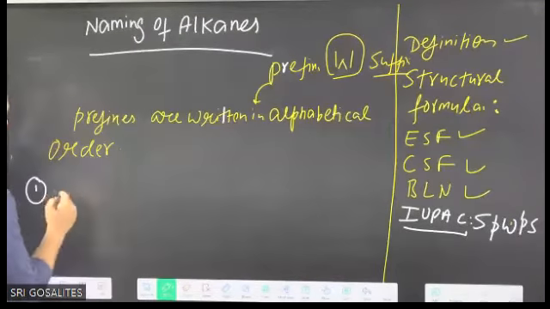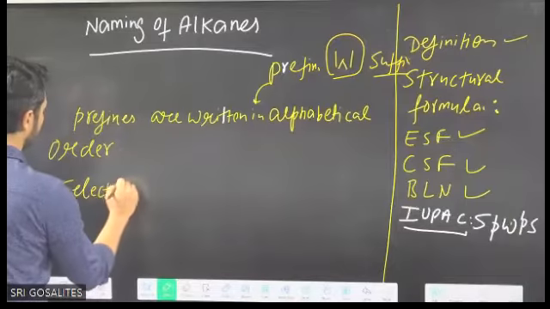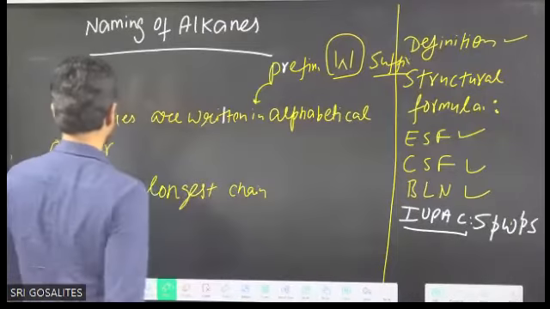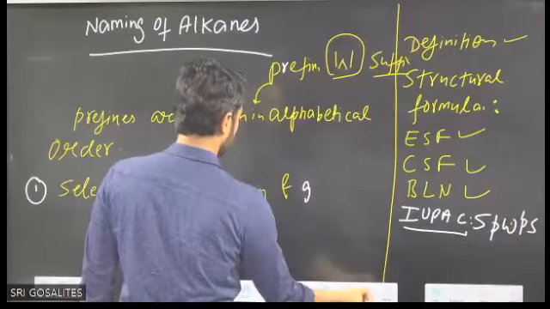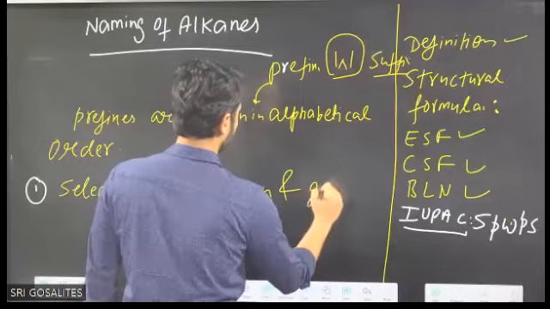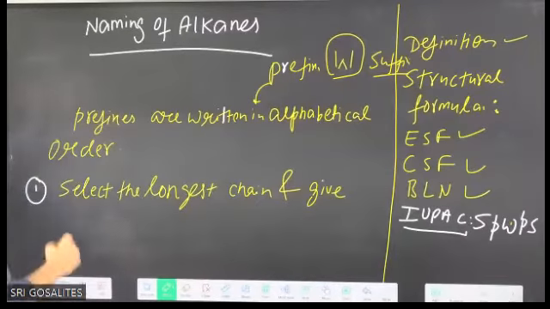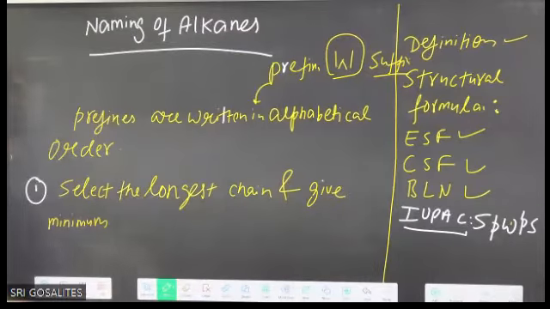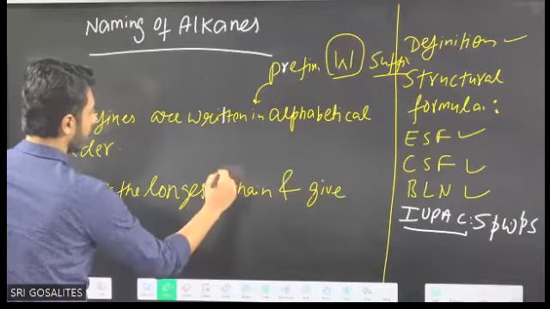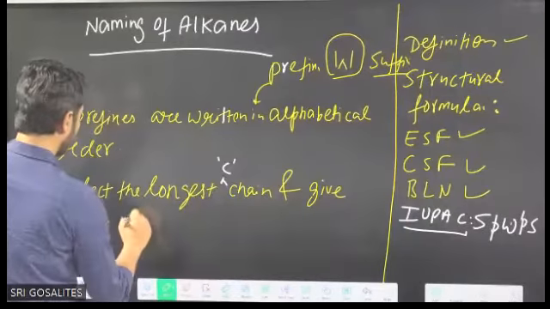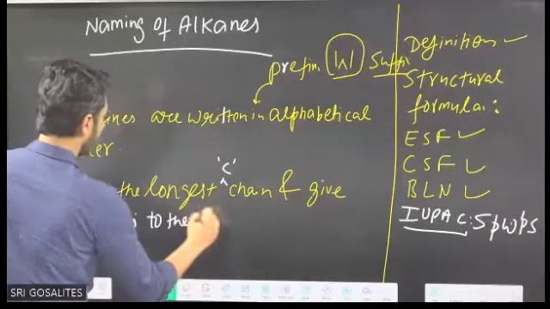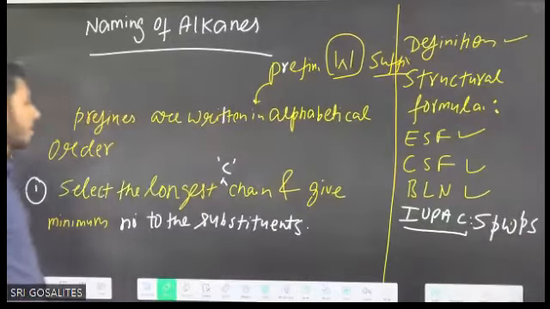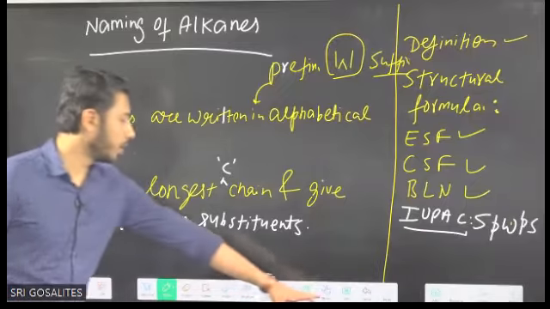The first point is: select the longest carbon chain and give minimum number to the substituents.